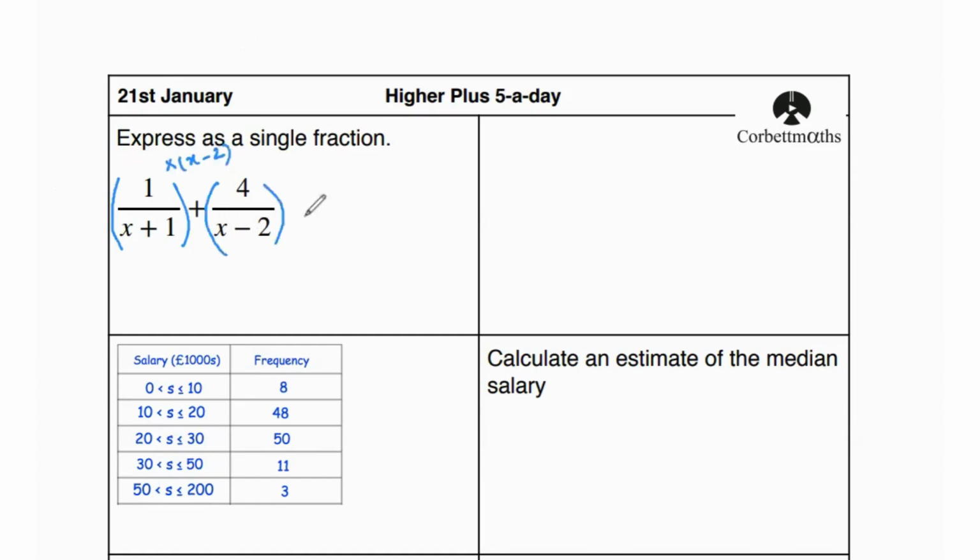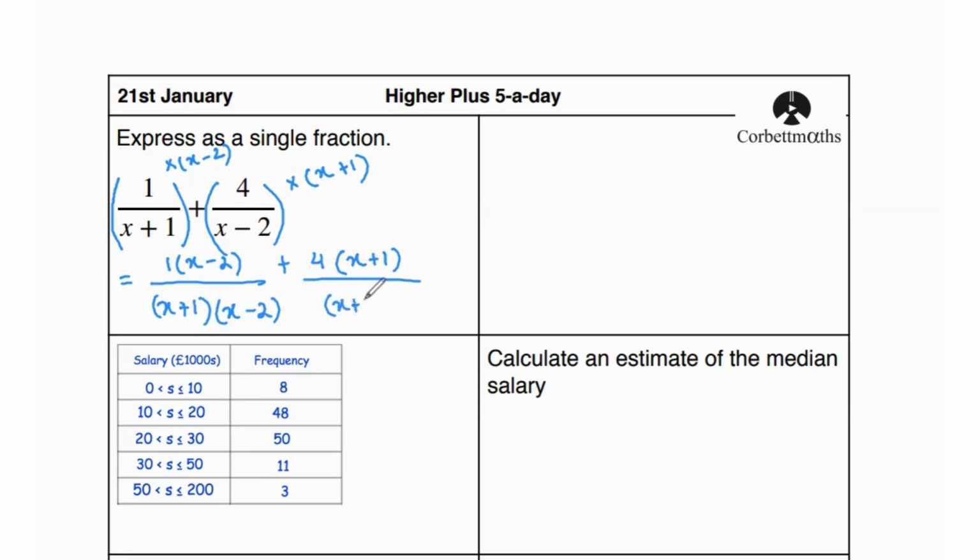And the second fraction will get multiplied by x plus 1, both the numerator and denominator. That's going to be x plus 1 times x minus 2 over 1 times x minus 2, plus 4 times x plus 1 over x plus 1 times x minus 2.